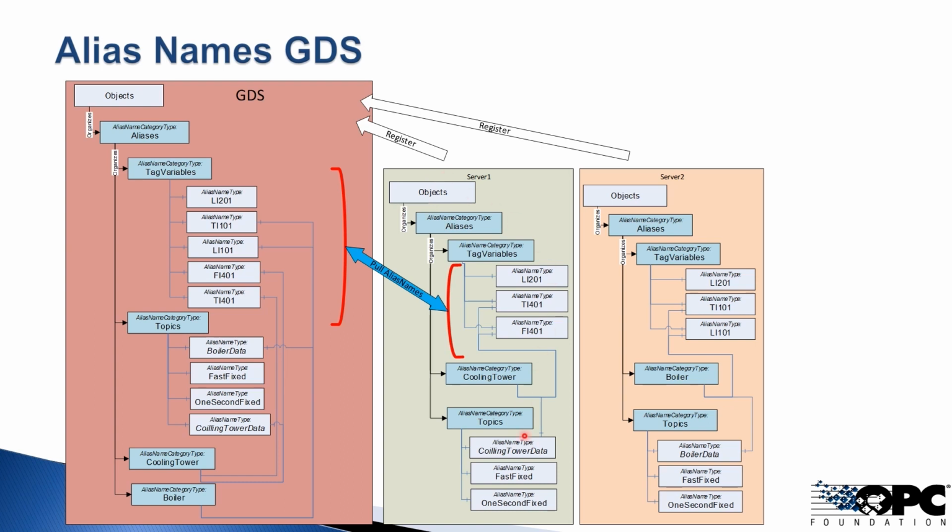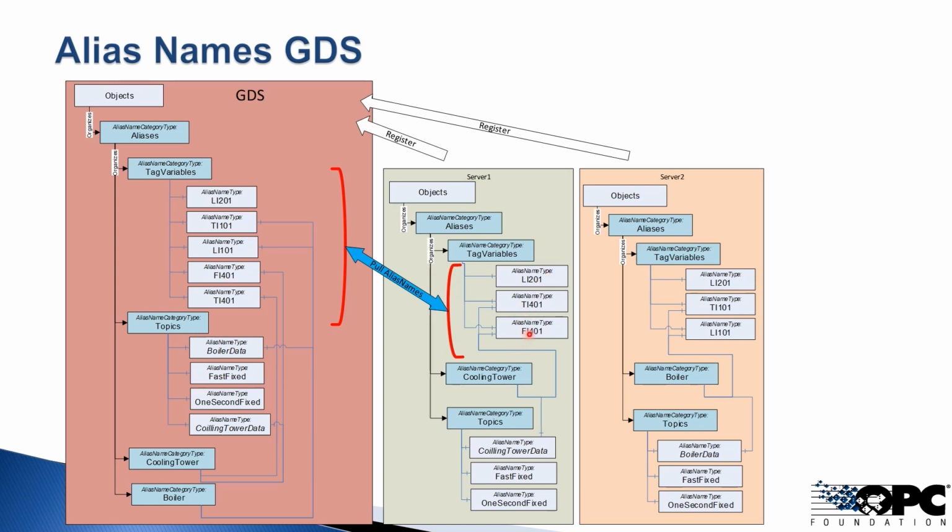So the tree of the nodes in the server is then combined and coalesced into the tree of alias names in the GDS. So the idea is now that each server could have its own locally assigned tag names that are available.